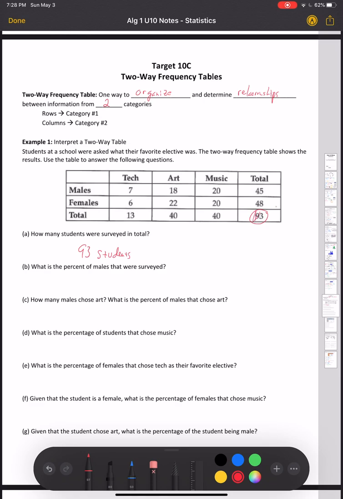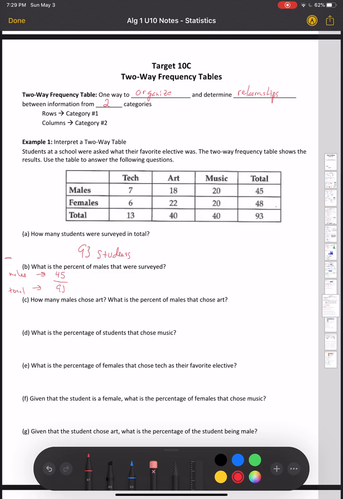What is the percent of males that were surveyed? So when it's asking for a percentage, remember, a percent is out of a total. Well, we know the total is 93, so we need to find how many males there were. There were 45 males out of 93. So there's males out of the total. 45 divided by 93.